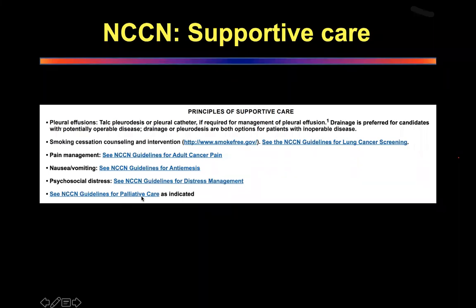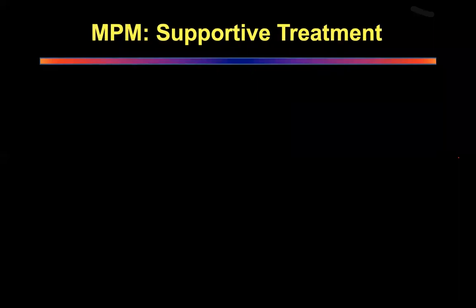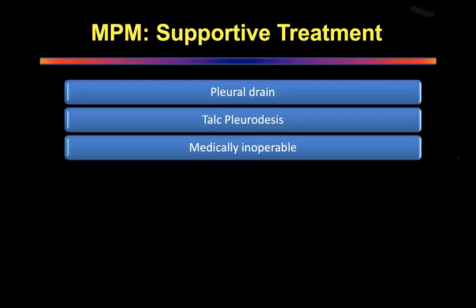So if you ever want to look into pain management, then you've got to follow the NCCN guidelines for adult cancer pain. I'm not going to go into details of each one of these, but just for you to understand that supportive care is equally important in mesothelioma, because these patients are symptomatic. They usually have a lot of symptoms, and that is why you have to give them a huge amount of supportive care.